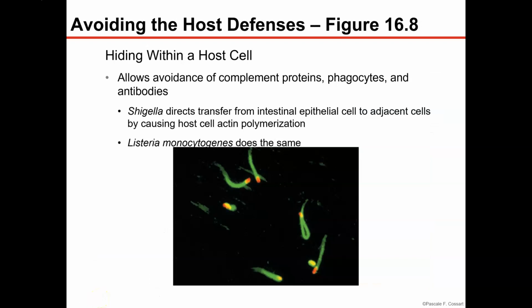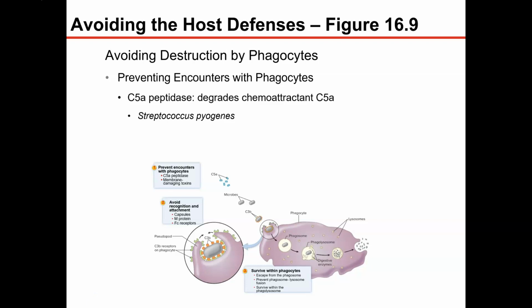Some microbes don't leave the cell, they stay within a cell. And so this mechanism would be called hiding. It basically keeps any of the complement proteins, so nonspecific defenses, phagocytes, as well as specific defenses like antibodies, from attacking. And some microbes produce chemicals that stop phagocytes from coming around.